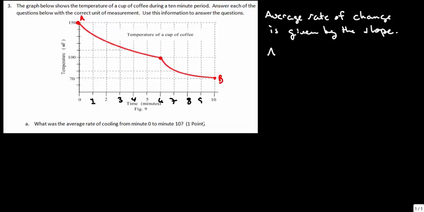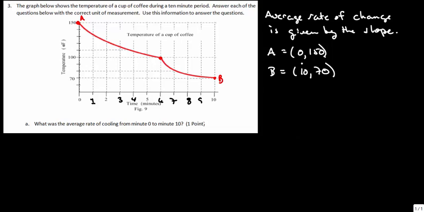So point A. Well, point A, its x value or its minute value is 0. So at time 0, it's at 150 degrees Fahrenheit. At time 0, the coffee temperature is 150 degrees. Now let's look at B. So B says after 10 minutes, our temperature is 70 degrees.